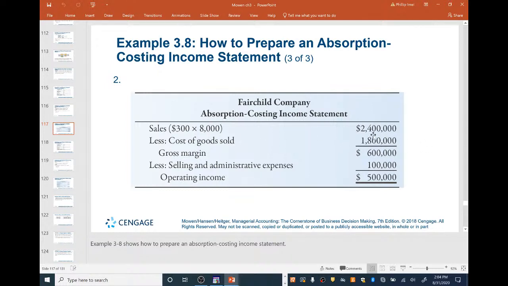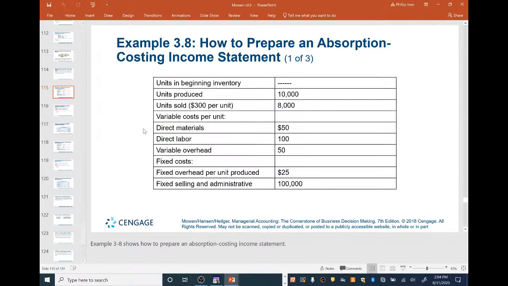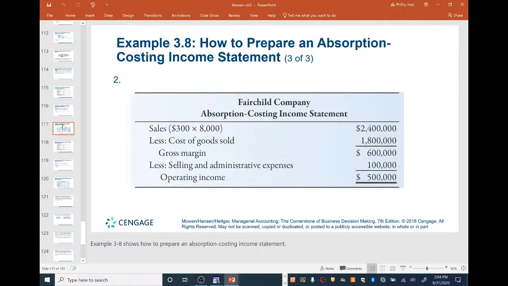So sales less cost of goods sold gives us our gross margin of 600,000. 2.4 million minus 1.8 is 600,000. And then from there we back out the selling and administrative expenses of 100,000, which once again, fixed selling and administrative expenses was given at 100,000. So that's the absorption costing income statement, okay?